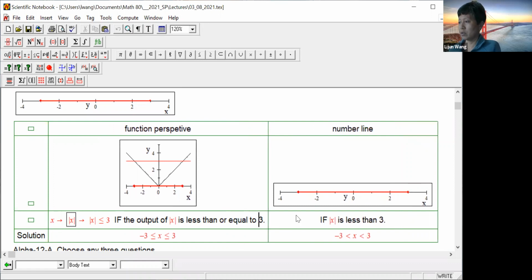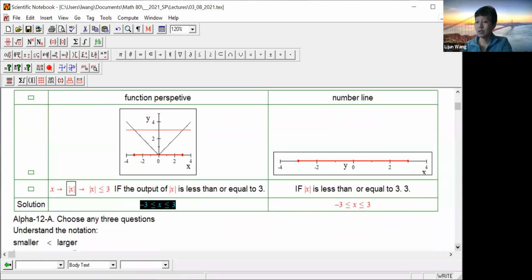In terms of showing work, it's very straightforward. They are consistent, but it's just a different perspective.